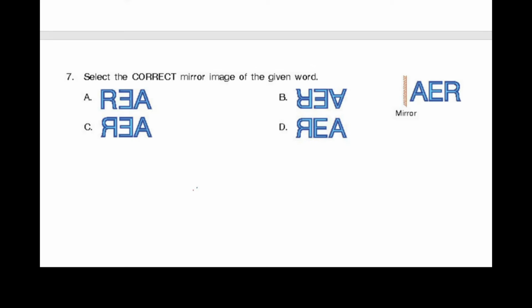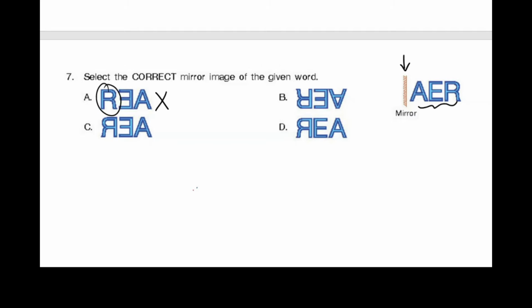Question number 7 is containing the alphabet, a sequence, arrangement of alphabets and a mirror. So we have to find the mirror image. A very easy trick is that any option containing the same alphabet, not the mirror image, we'll remove that first. So here R is the same, we'll remove this.